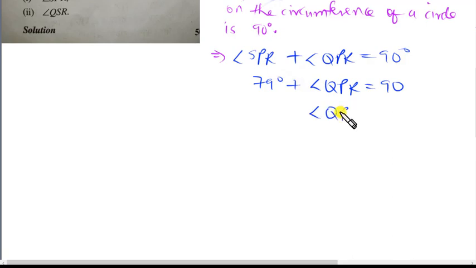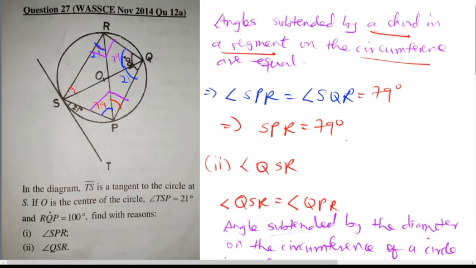Angle QPR is 90 minus 79, and when you subtract 79 from 90, you get 11 degrees. So the angle here is 11 degrees, and this angle is formed by the chord RQ. That same chord RQ comes over here to form this angle. So you can see that one chord is forming these two angles, and when a chord subtends two angles on the circumference in the same segment, they are equal.